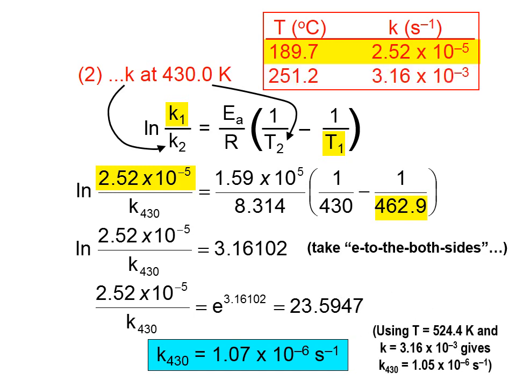If we had used the other temperature and rate constant, that is the one that I had blacked out at first, you would have gotten a very similar answer, 1.05 times 10 to the negative 6th seconds to the minus 1. So it doesn't matter which temperature rate constant combination you use.